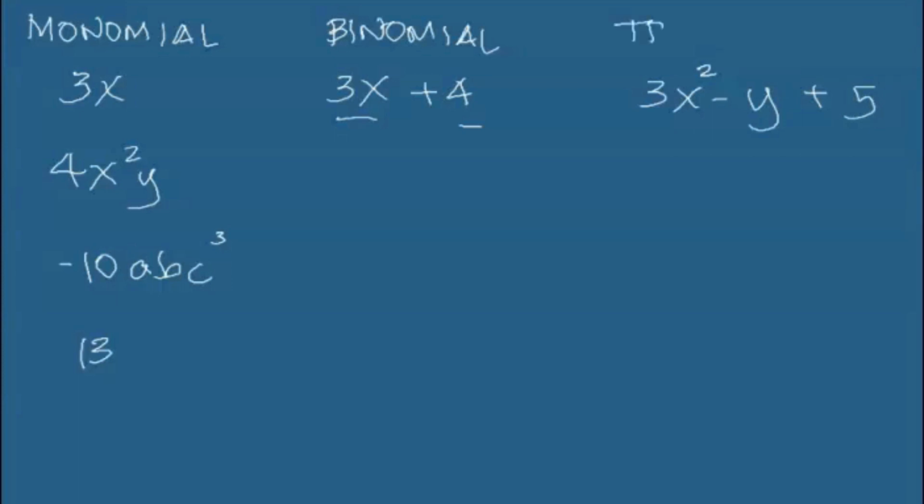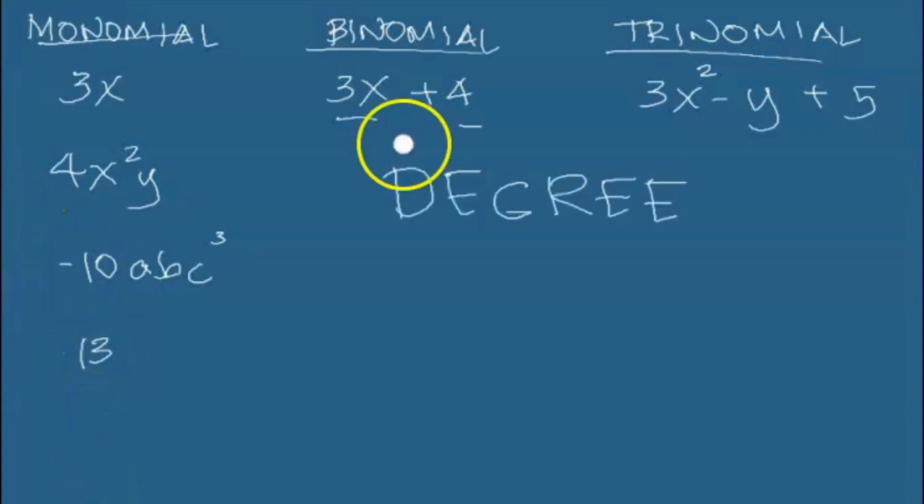It has three terms, so we call that trinomial. Okay, so these are the types of polynomials. And of course, more than three terms, we call them polynomials, but a polynomial can't have an infinite number of terms.